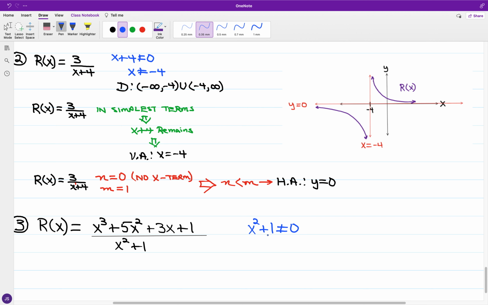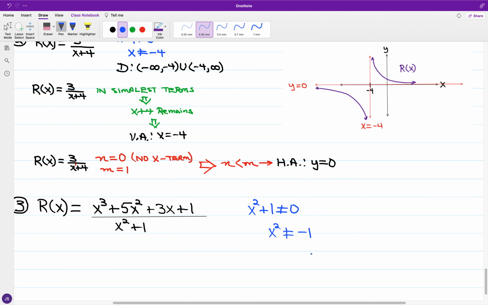What I can do is separate the x squared and the 1, so that x squared cannot be negative 1, and follow along the lines of the square root property, but instead of the square root property of equality, we'll have the square root property of non-equality.